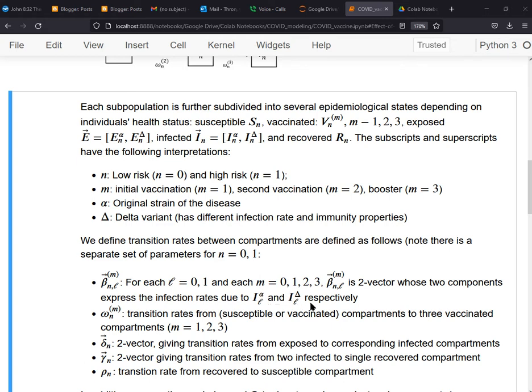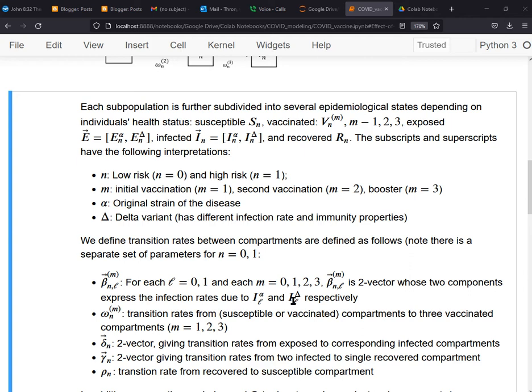All right, so let's try to understand this piece by piece. Notice that the L corresponds to the index on I. The index on I gives low risk or high risk. These are the infecting populations. So L indicates the low risk and the high risk of the infecting populations.